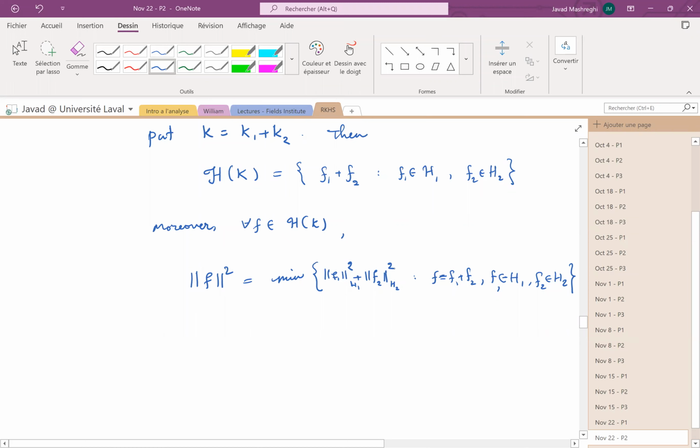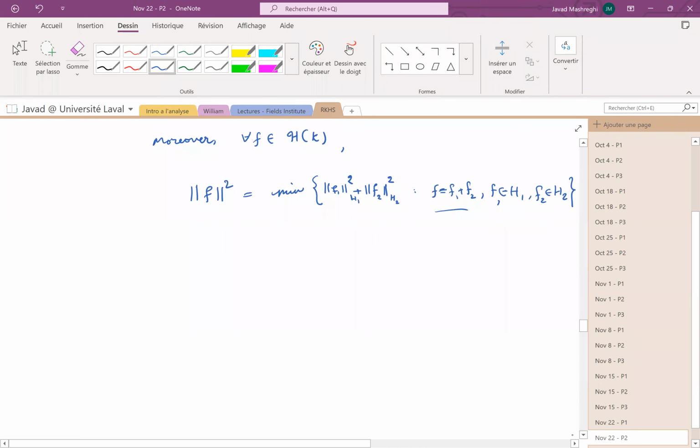So you cannot say that the norm of F squared is equal to the norm of F1 squared plus norm of F2 squared because of the non-uniqueness of the representation. But you can take the infimum, and instead of infimum, I wrote minimum. It's attained.